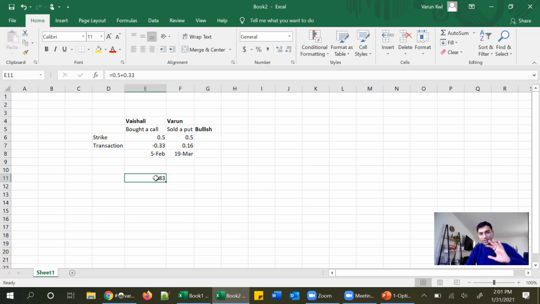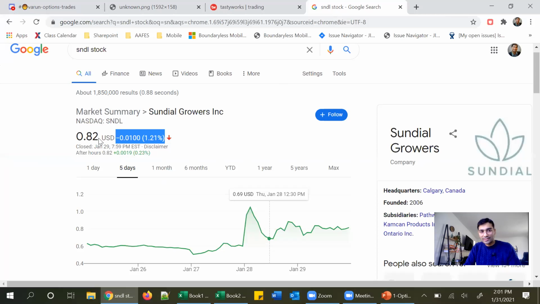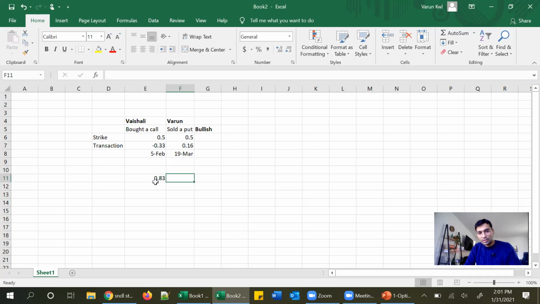But if she does not make any profit and does not close by Feb 5th, and the stock is not going above 0.83, she might lose on this bet. But right now, this is already at 0.82, so hopefully on Monday it's going to go up and she might make more money.